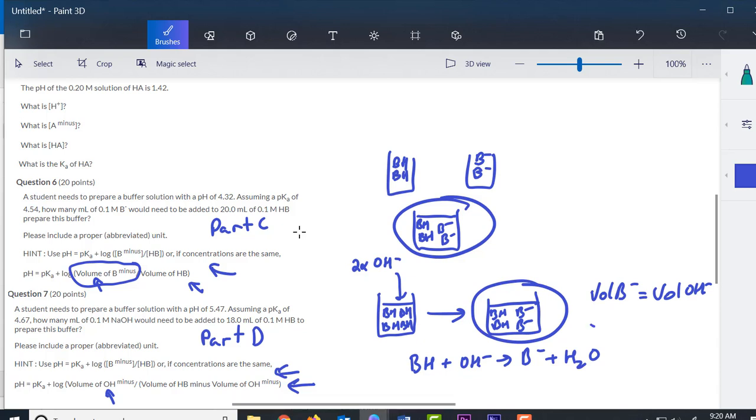And you'll notice that the volume of HB now is going to be the initial volume of HB, which in this case was 4, minus the volume of OH minus added. So we lose as many BHs here as we have added OH minuses. So that's why that goes down by that amount. And that's why in this bottom part here, we've got volume of HB minus the volume of OH minus.